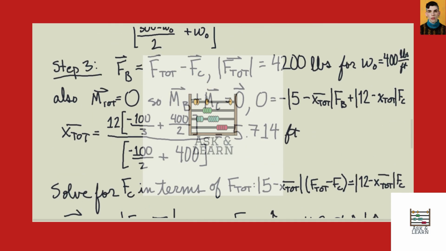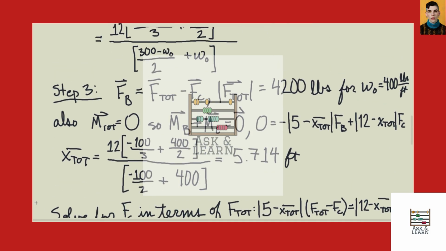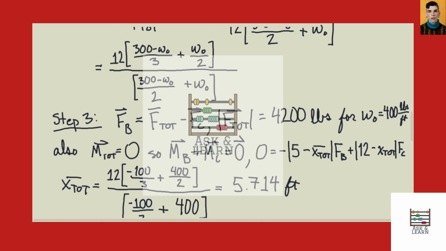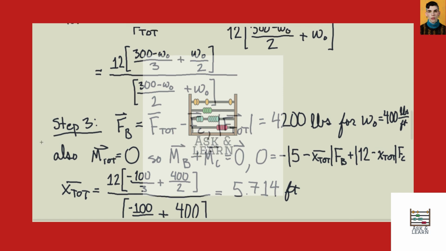We will take its absolute value for that moment arm and say that that torque is in the positive direction. Sorry, cursor's in the wrong place. And that moment arm times the reaction force at support C is expressed as follows. Those two torques are equal and opposing.